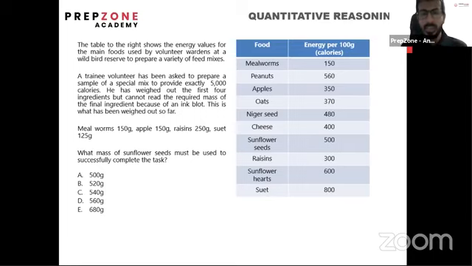Have a look at the question, and then we will solve it together. If anybody has any answers, you can just write them down, and I can solve that along with everyone.